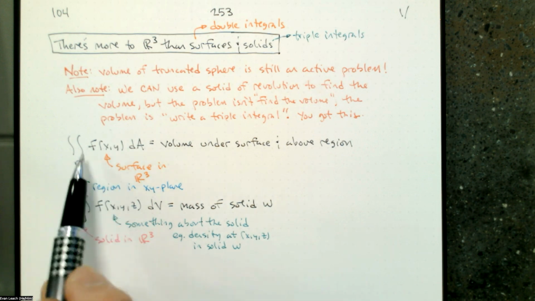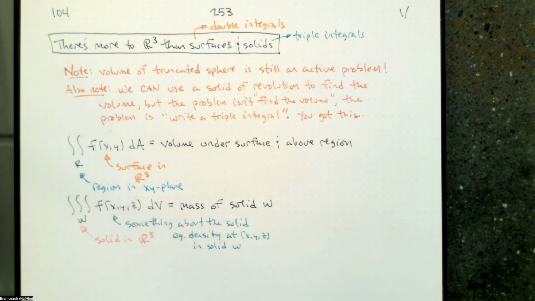So in the first example, in our double integral, we're in R3, and we're plugging in a bunch of x and y into f of x y dA. In the triple integral example, the W is a bunch of x, y, and z. It's a bunch of points that we're plugging into the expression f of x, y, z times dV.